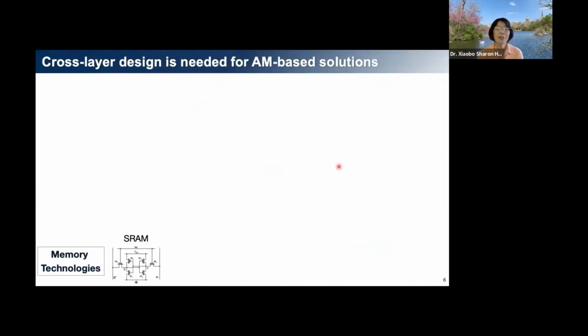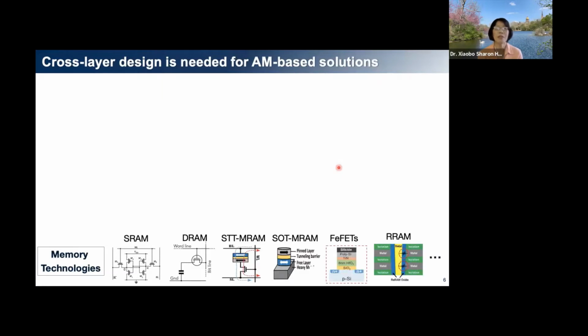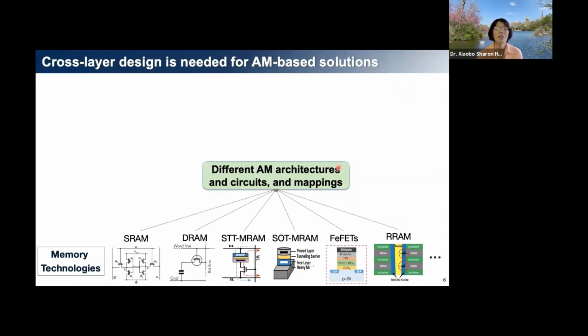Now, I talked about the CMOS implementation being expensive. There are many emerging technologies, especially non-volatile memory devices. They can also offer lots of new opportunities for building compact and low energy ternary content addressable memories or associative memories. This means there are lots of circuit and architecture options as well, given all these new devices.